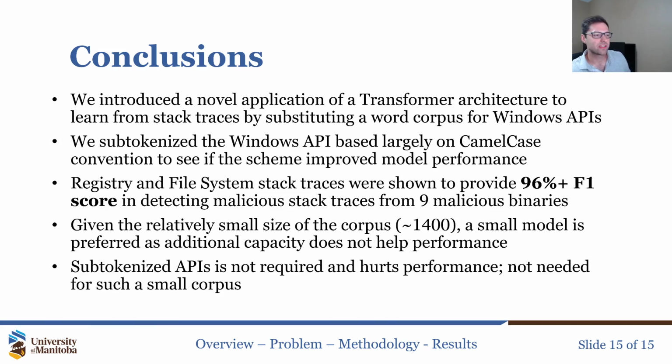And lastly, as I mentioned previously, subtokenized API calls are actually not required and actually hurt performance in the model that we tested. Maybe that's because they're just not relevant for such a small corpus, or you need a more representative data sample where these small numbers of subtokenized APIs occur with a much larger frequency, where the model can actually learn what they are and what they're doing.